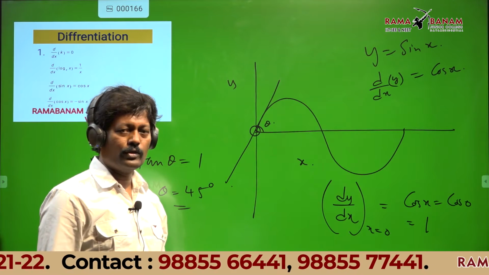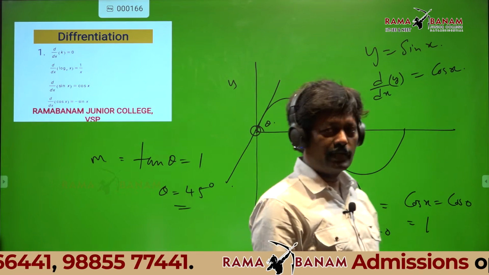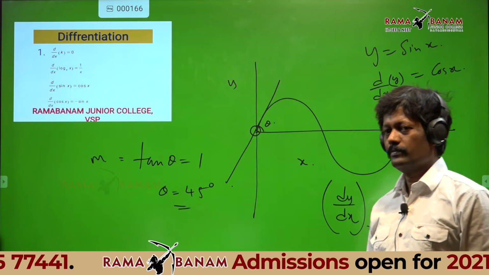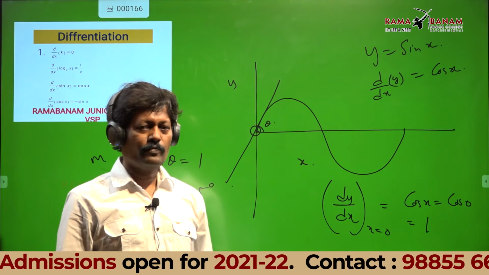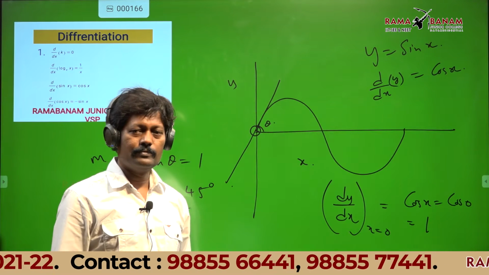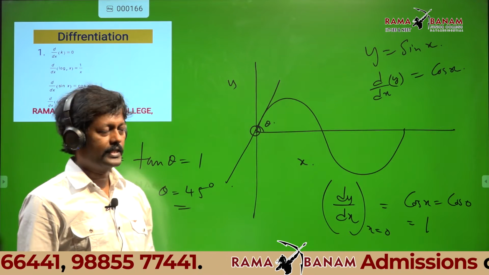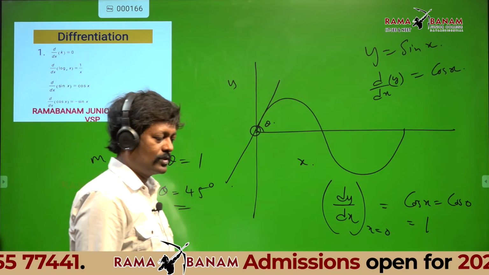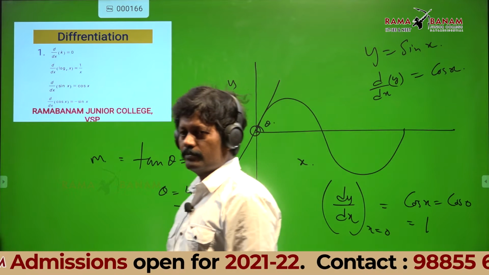At x equal to 0, a tangent is drawn. Find the value of theta.